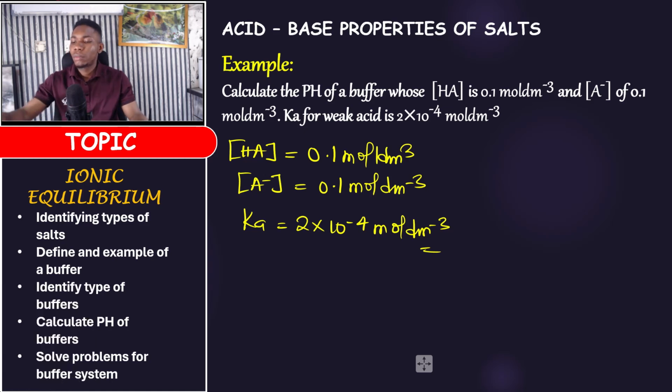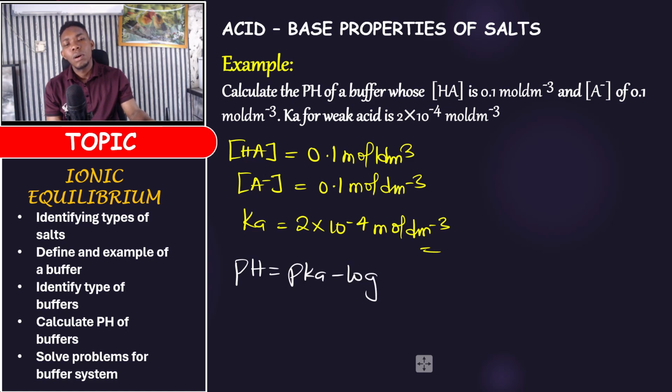Now according to your material here, they actually calculated H plus first, then found the negative logarithm, but you don't need to do that. Just put your pH formula, which is pKa minus log acid over salt. How do you calculate the pKa? pKa is minus log of Ka.